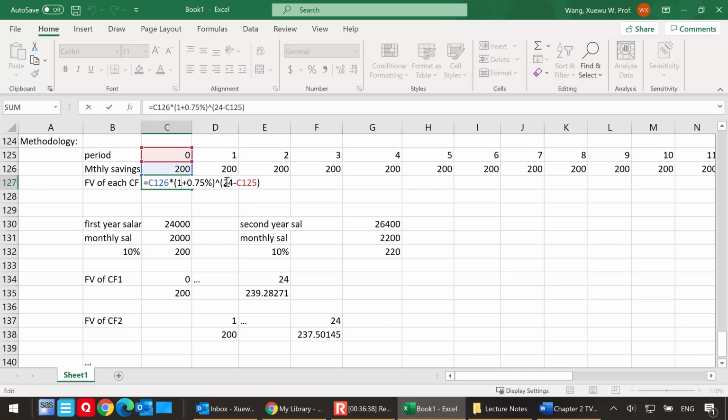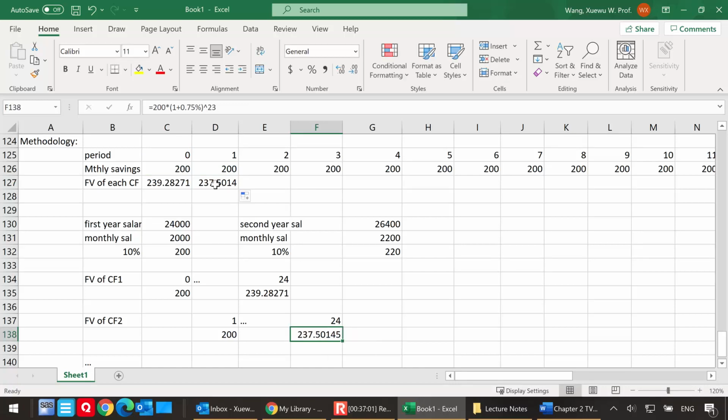All right, and then these are the constant, so they're copied over, and this raised to the power of is also copied over, and then this 24 is a constant, is copied over, and C125 is going to be D125, which is precisely what we need, because 24 minus D125, that will get us 23, and that's what we did here. All right, so this is a very good formula.